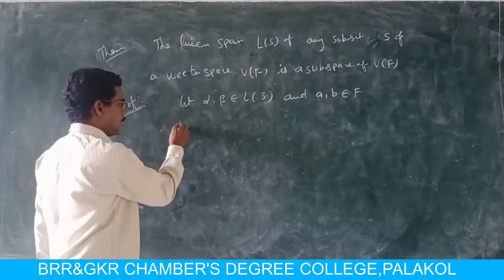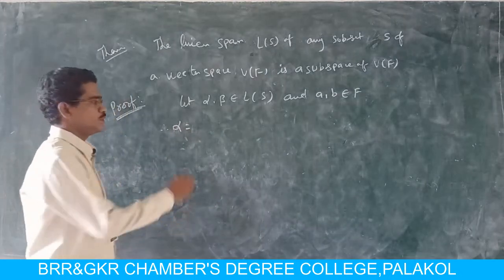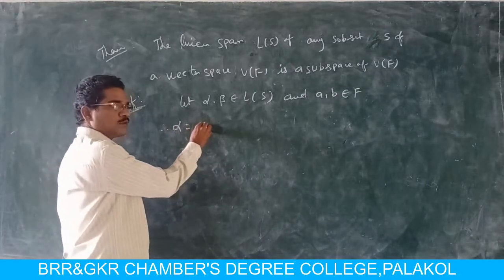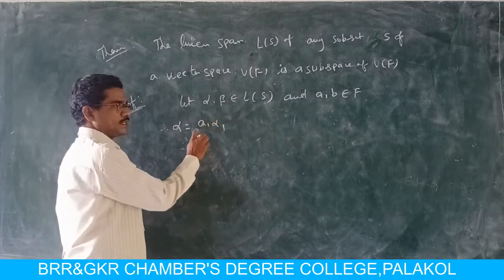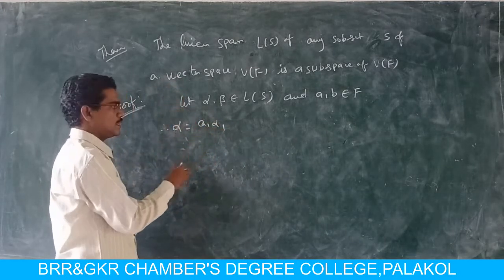Therefore, alpha is a linear combination. The definition of the linear combination is already discussed.